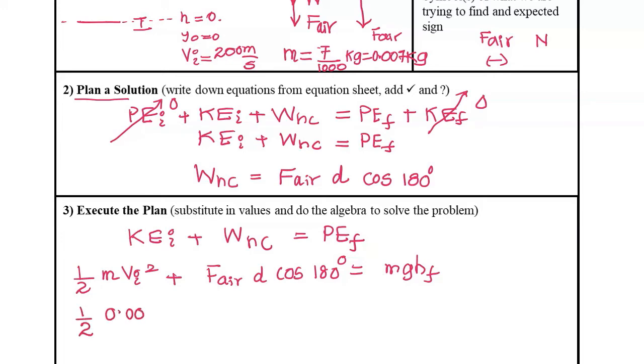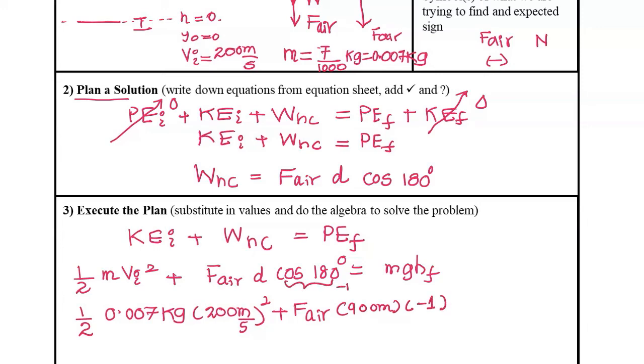Mass is 0.007 kilograms and initial speed is 200 meters per second, squared, plus the average force of air resistance, which we don't know yet and are trying to solve for, times 900 meters times cosine 180, which is -1, is equal to mass times 9.8 meters per second squared times the final height of 900 meters.